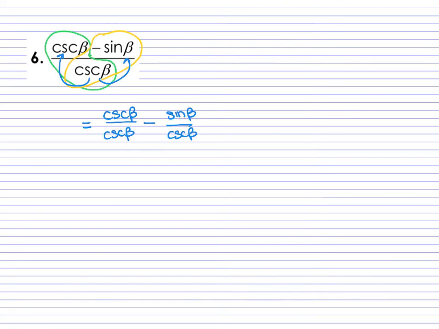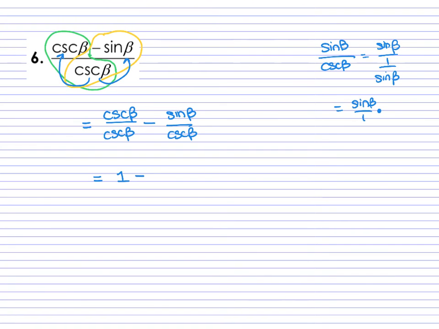Now I can simplify. So the algebra part was separating the fraction. So now cosecant of beta over cosecant of beta is just 1 minus. So here I've got sine of beta over cosecant of beta. What that really is, is sine of beta over 1 over sine of beta, which is really sine of beta over 1 times, keep, change, flip.